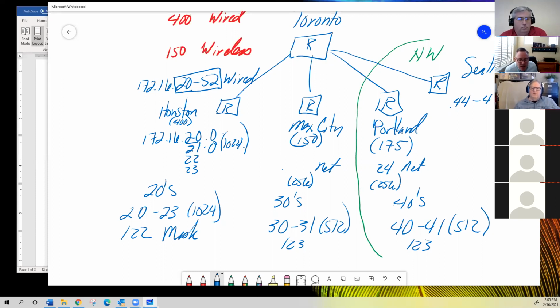The mask determines how many IP addresses are on that subnet. When you have a /24, like a standard class C, that's typically how a home router is. It's a wireless access point, router, switch, firewall, and does network address translation, all in one.